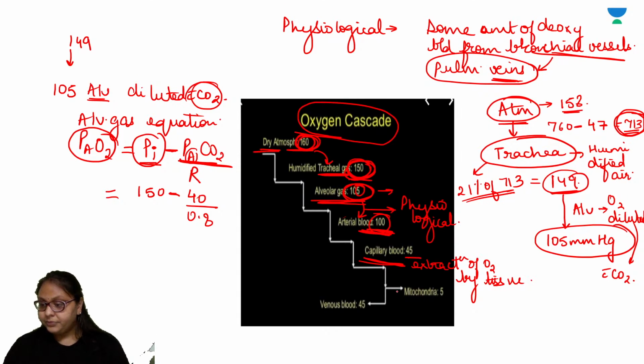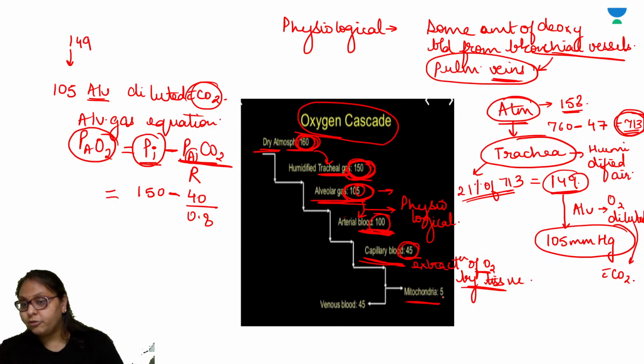And then yes Dr. Zubair, the physiological shunting is because of the blood coming back from the bronchial veins. And capillaries, it is further decreased to 45 because of extraction of oxygen by the tissues. And at the mitochondrial level that is only 5 millimeters of mercury, which is the end point of oxygen cascade.